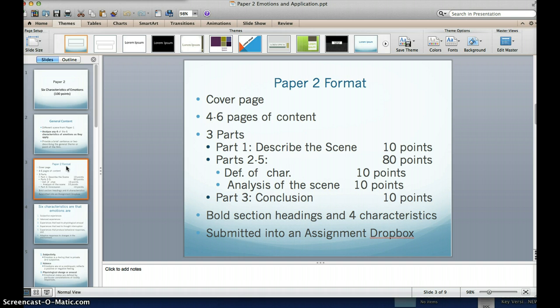The paper must be submitted to the assignment drop box in ELC New, and you want to make sure that throughout the paper you are bolding the section headings and the 4 characteristics you have chosen to focus on in this paper.